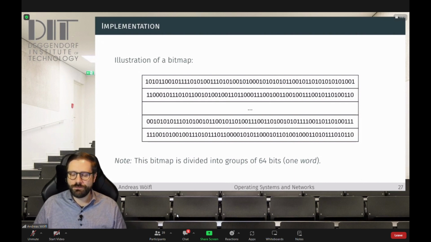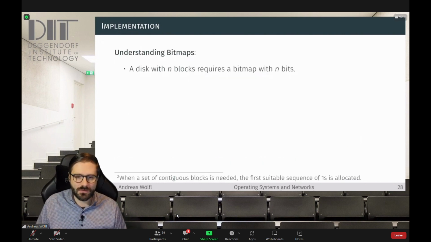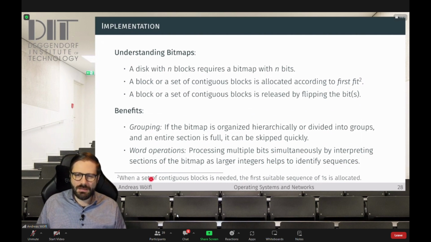So if we want to check if a group is all ones, we just do a logical AND operation on the integer representation of the 64 bits instead of checking each of these 64 bits separately. And this is a speed up. This technique is called word operation, word being the size of a register, which is 64-bit on 64-bit machines. And in general, 64 bits are also called a word.